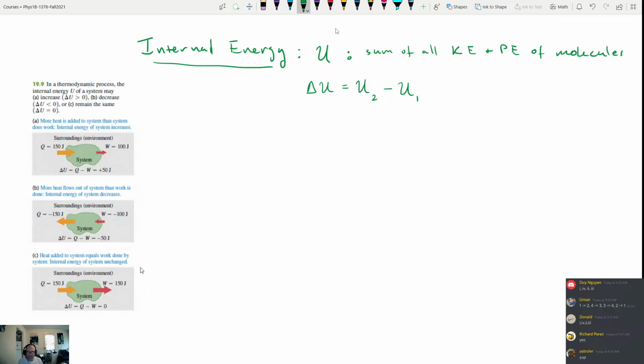Anyway, so on the left right here, we talk about the ways in which the total energy of a system can change. And it turns out that there's a way to connect change in energy to heat added and to work done. All you do is you say the change in internal energy of a system should be equal to the amount of heat that's added to the system minus the work done by the system, okay?